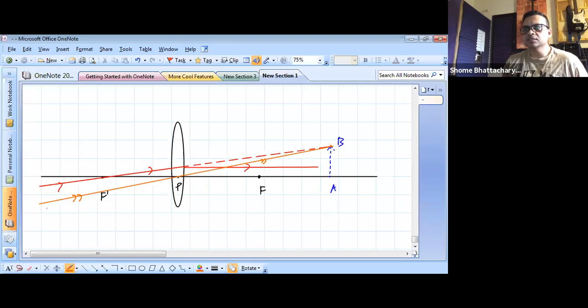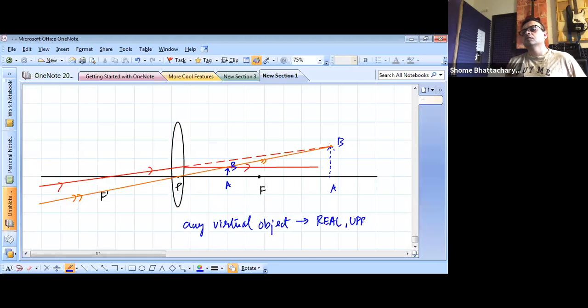But the presence of the lens converges them such that the object which was supposed to be at B now appears to be over here. So this is that case. You will always get that case. So any virtual object will give you a real, upright and diminished image between the pole and the focal point.